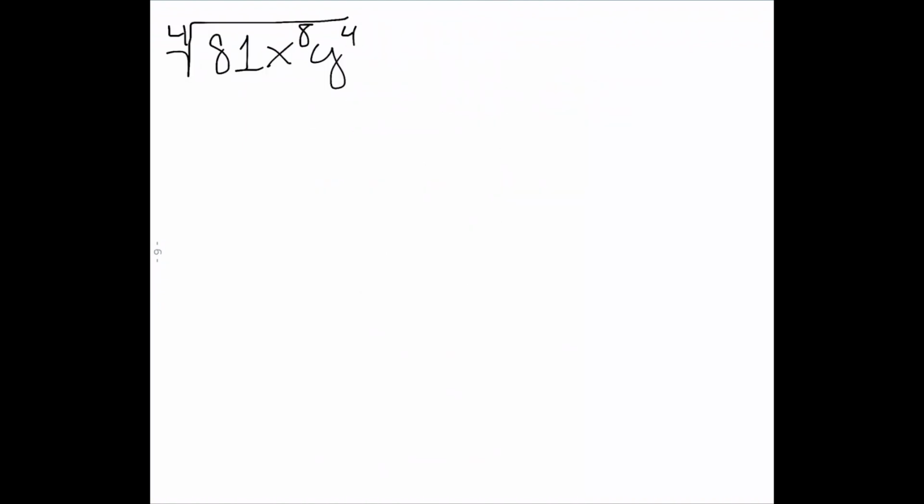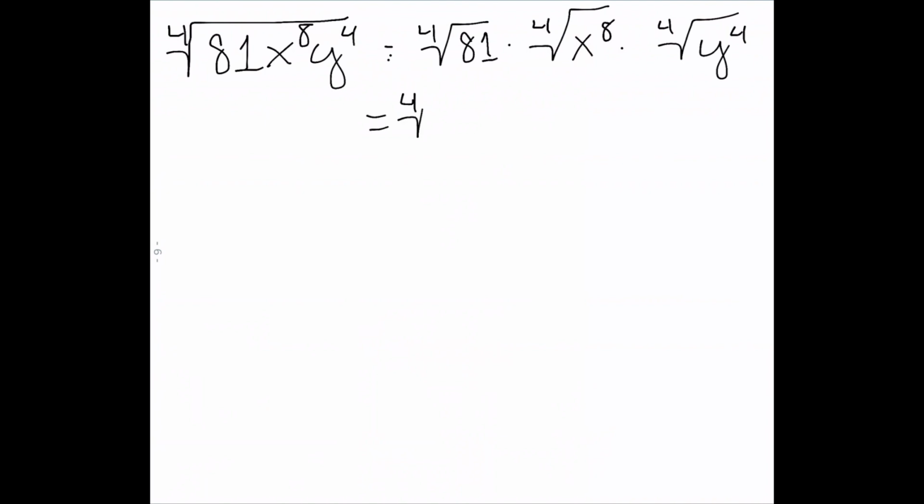Another one, the fourth root of 81, x to the 8th, y to the 4th. This can be the fourth root of 81 times the fourth root of x to the 8th times the fourth root of y to the 4th. I can further break up x to the 8th as x to the 4th times x to the 4th.